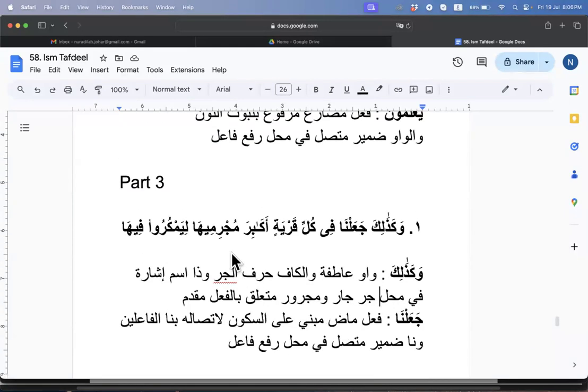What family is it, if you say it's a fi'il? Not a fi'il, because if you say this is family 4, you cannot explain this alif. And if you say this is family 3, then it cannot explain this alif either. So yes, it's an ism.